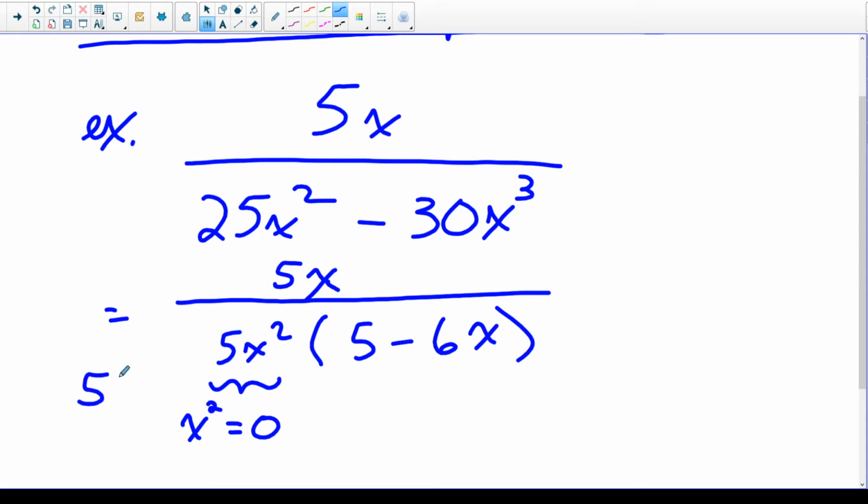And the answer is no, 5 is 5. Okay, so the 5 doesn't technically affect the restrictions in any way, but the x squared does. So you just solve for x, which would be square rooting, but square rooting 0 just gives you 0 anyway. So if you have any variable with a power that's multiplying in the denominator, the restriction is always still going to just be x can't be equal to 0.